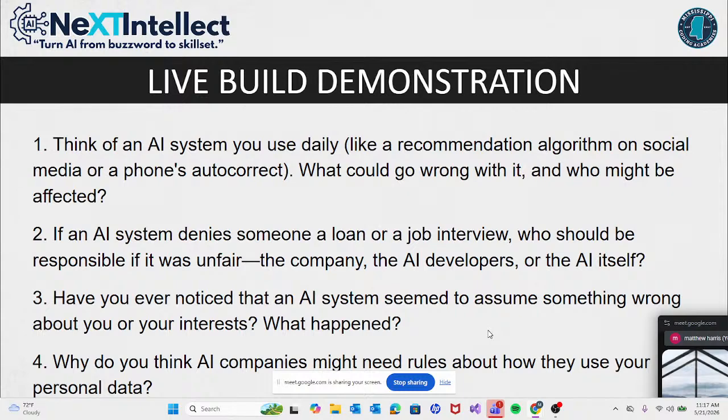So, have you ever noticed that an AI system seemed to assume something wrong about you or your interests? We talked about this in a call with just me and you, that this has happened to us. It might take a salutation that you've used before and start saying God bless you. Since you personally use that, the AI could start using it, and you might not want it to in that context.